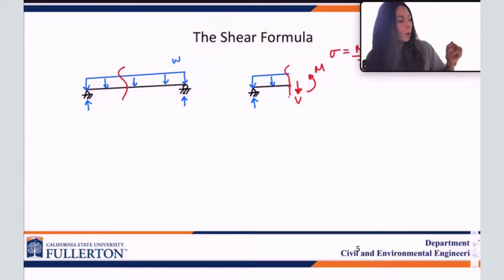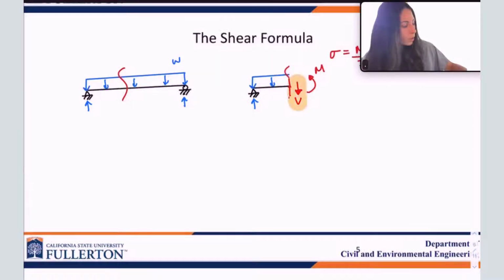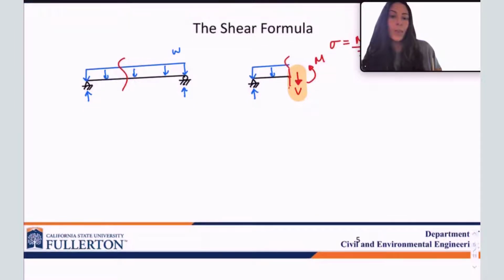So now we want to know the same thing. We want to say, well, if moment causes normal stress, and this varies linearly along the face of the element at the cross section, what does the shear do? Well, it causes shear stress, right? Moment causes normal stress, sigma. Shear causes shear stress, okay? So we're going to relate this shear force V to tau.